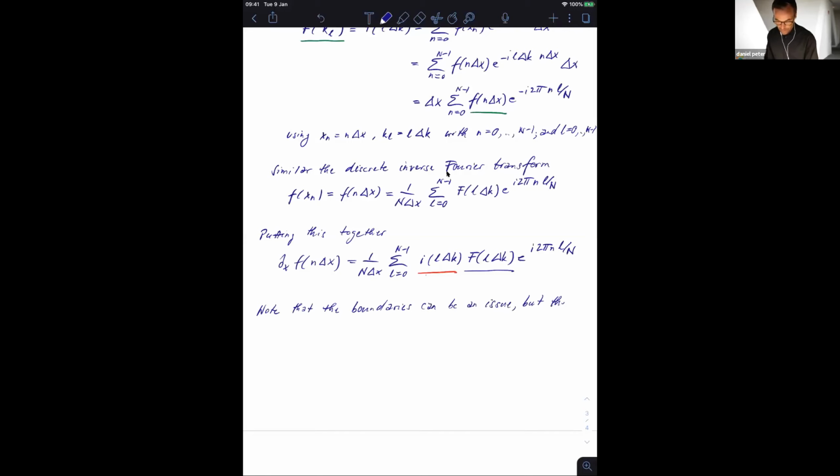But the advantage is that we reach a very high accuracy of the spatial derivative.